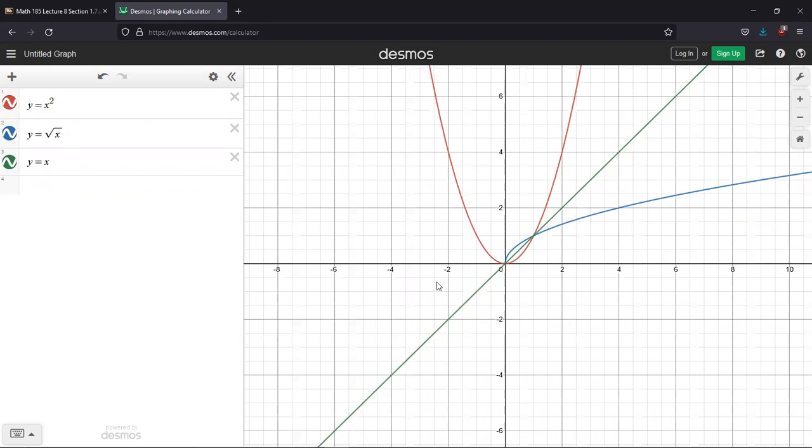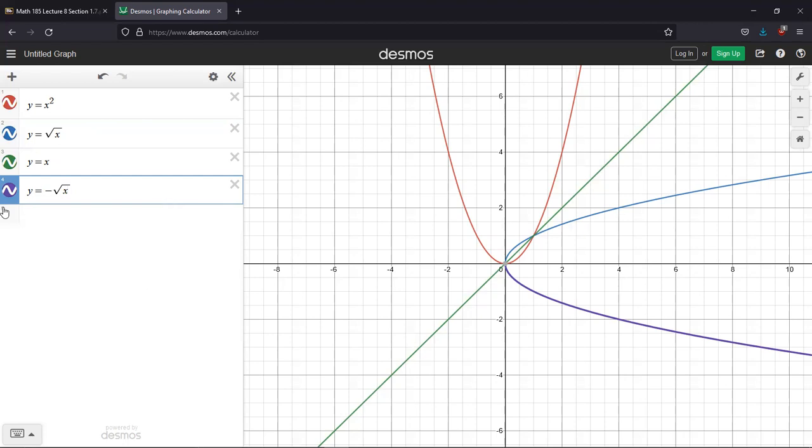And then maybe for good measure I will also graph y equals the negative square root of x. And so here what you will notice, the red graph is a garden variety parabola. The square root is its inverse. And if you flip it over the green line, you obtain the blue and purple graphs together.